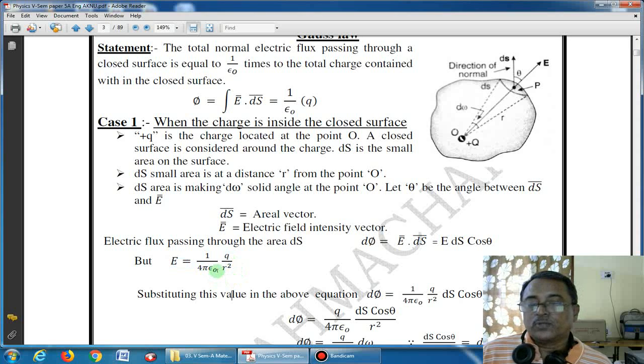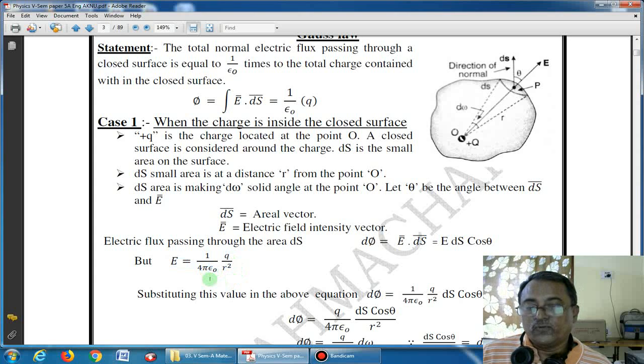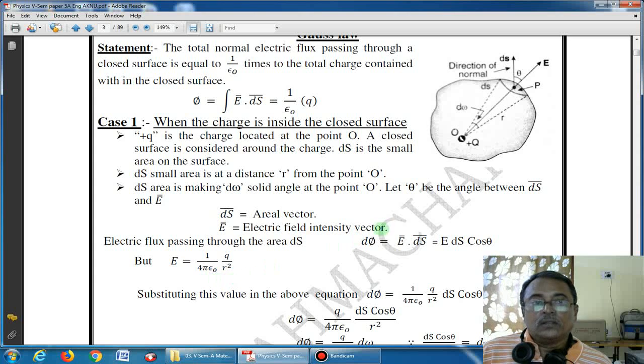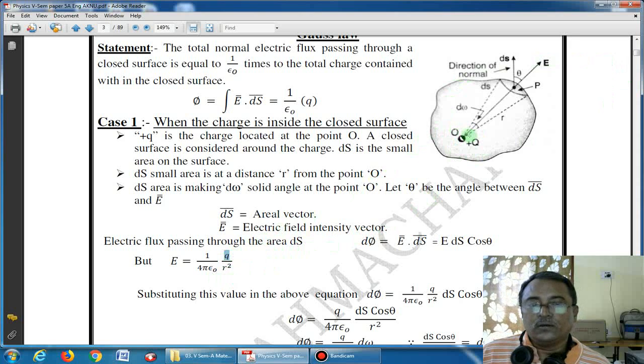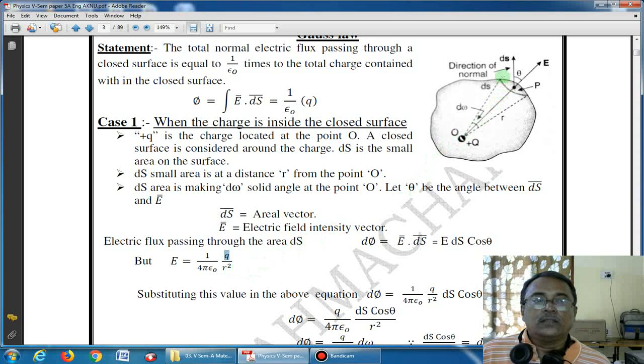Here epsilon naught is the permittivity of the free space where the closed surface and the charges are placed, and q is the charge that is inside the closed surface, and r is the distance between the charge and this small surface ds.